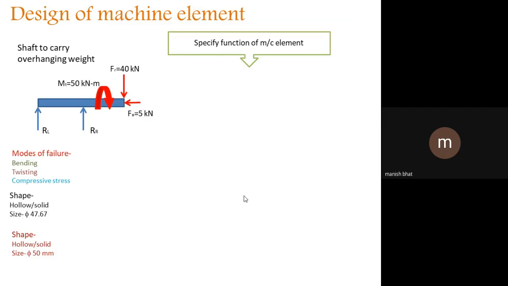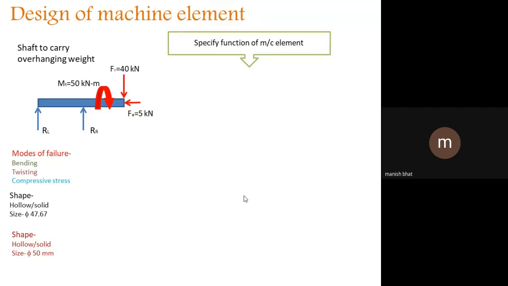So this is a round member and it acts along the radius. So FR is 40 kilonewton. And another is abbreviated as FA, which is 5 kilonewton. So a 5 kilonewton force is acting on that. I have shown this as an example which we will be learning.